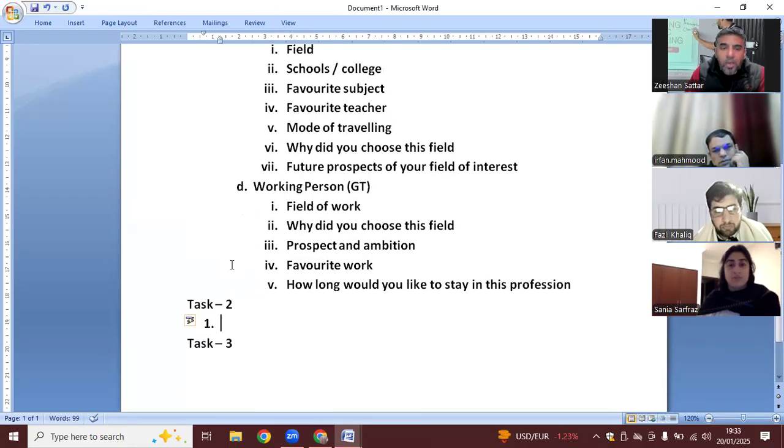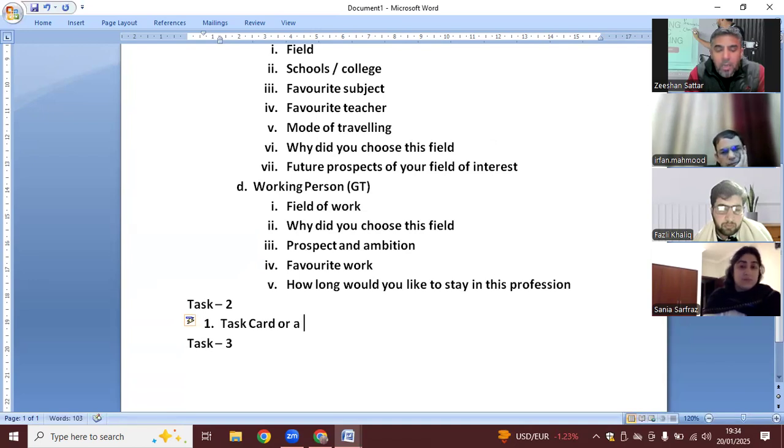It is known as the task card or cue card speaking. What is task card or cue card speaking?